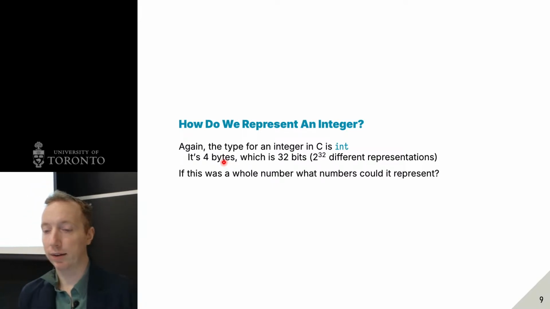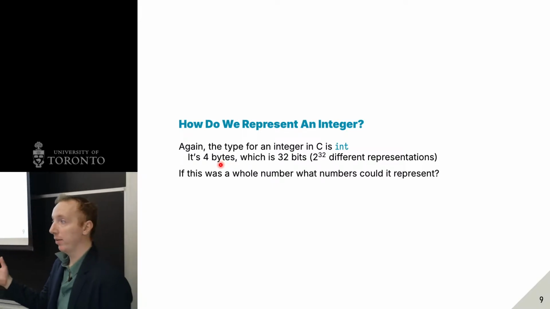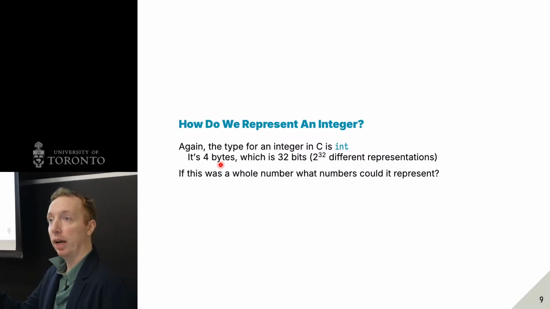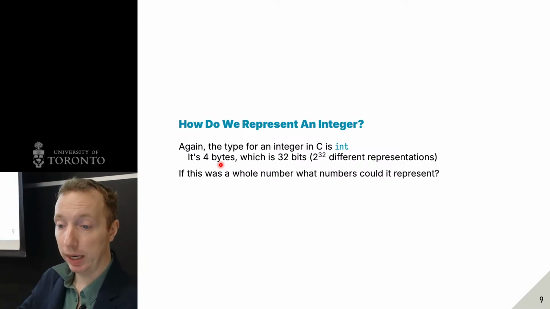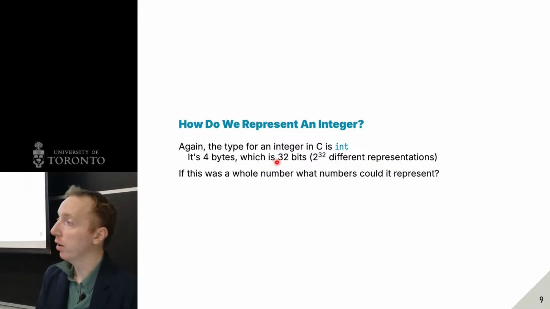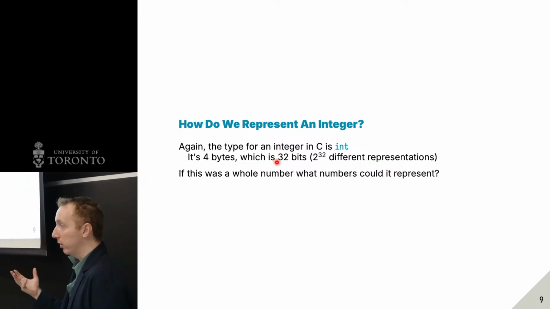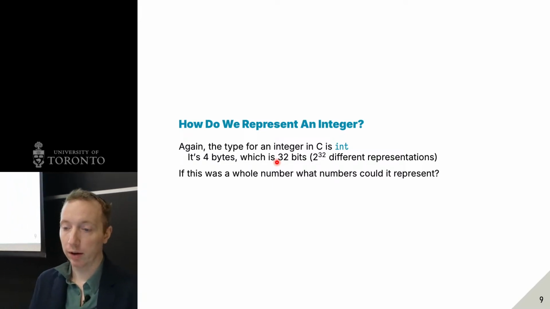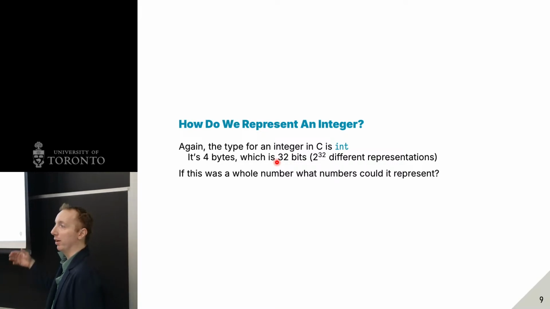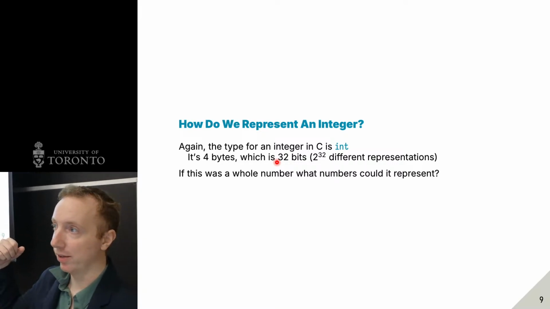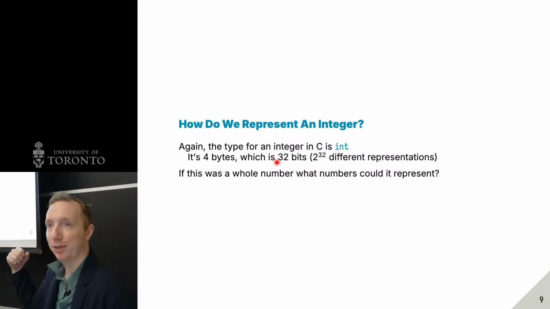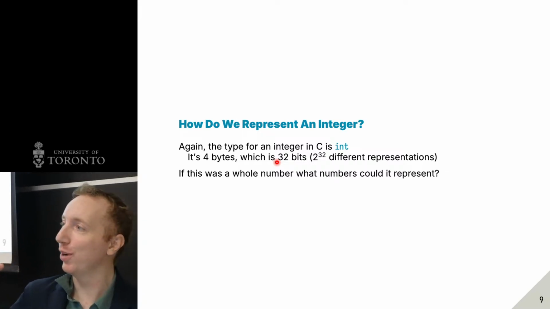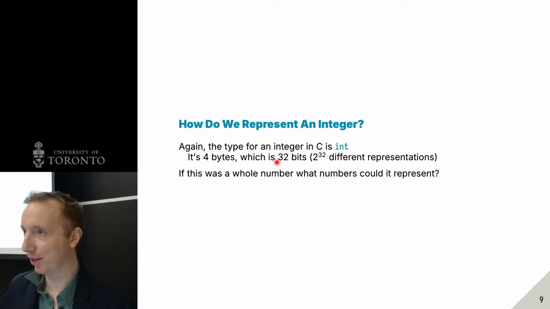Like I said before, it's 4 bytes. If we want to convert that to bits, it's just 4 times 8 bits per byte, so that's 32 bits, which would mean a single int could represent 2 to the 32 different things. So if it was a whole number, what numbers could it represent? Anyone remember that formula from a few slides ago? And has a calculator that can do a very, very large number?